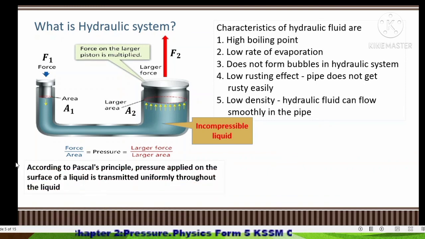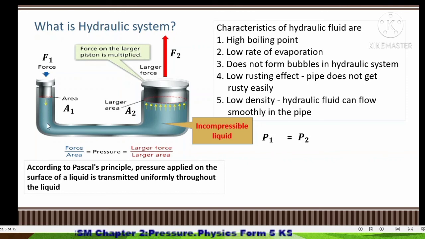Let's look at the formula that can be produced by using this Pascal principle. According to Pascal principle, pressure applied on the surface of a liquid is transmitted uniformly throughout the liquid. F1 over A1 will produce pressure P1.